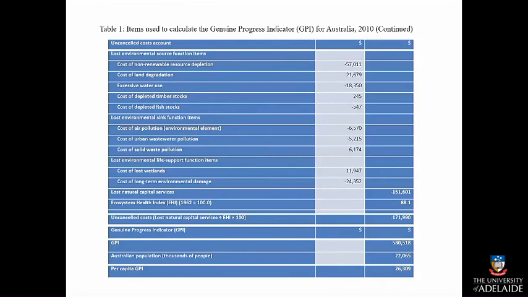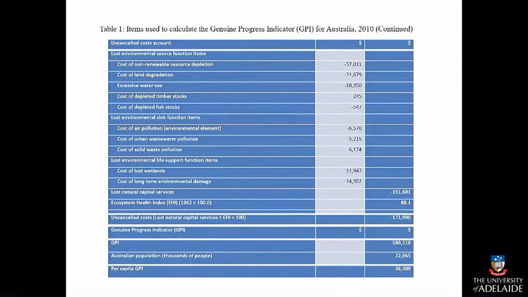The ecosystem health index was based effectively on the area of remnant vegetation in Australia. In the first year it was a value of 162. By 2010 it was 88, so the value of the index had fallen, and that weights these costs up. It takes into account the extended ecological effect.